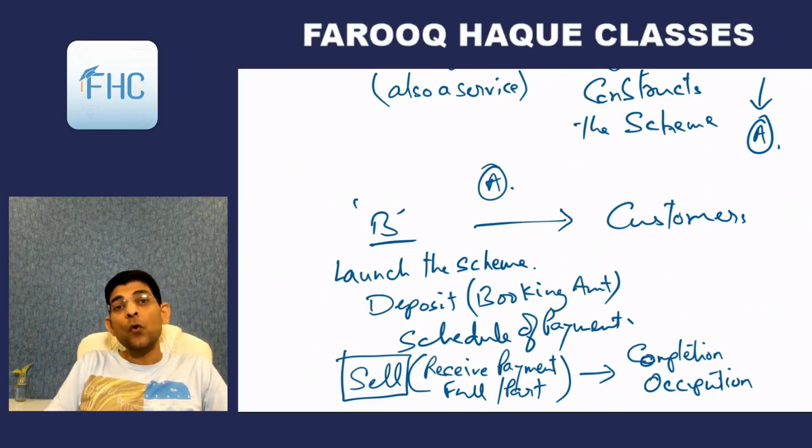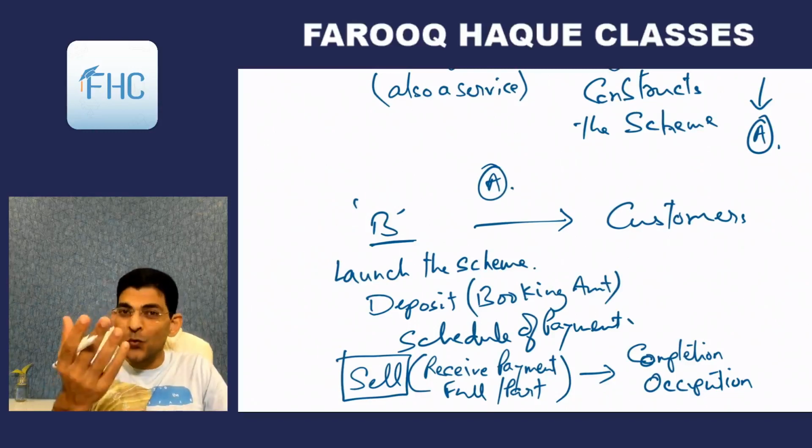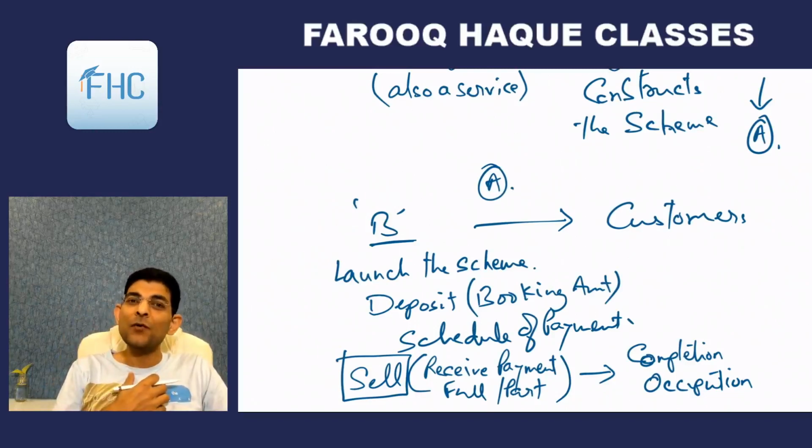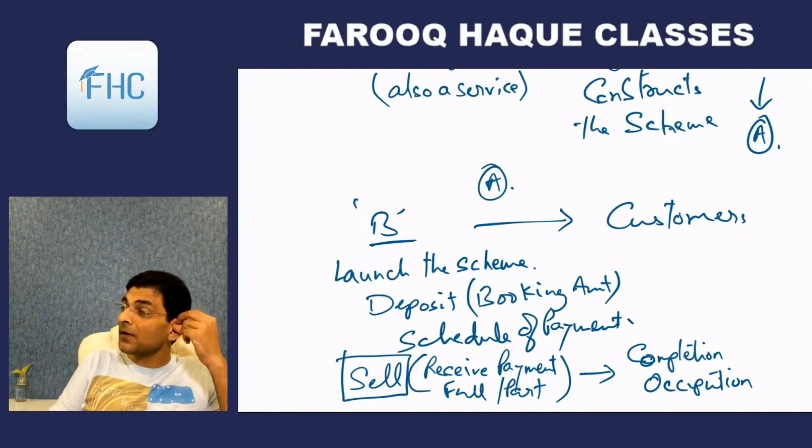For whom am I constructing? For myself or for you, the buyers? For you, because I have already sold the building to you. So my construction is for you, not for myself. Therefore I am giving a service to you, so this is taxable as a service. This whole amount that I receive from the customer will be taxable.